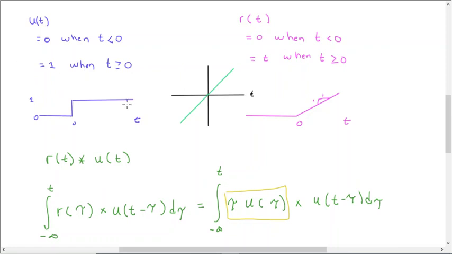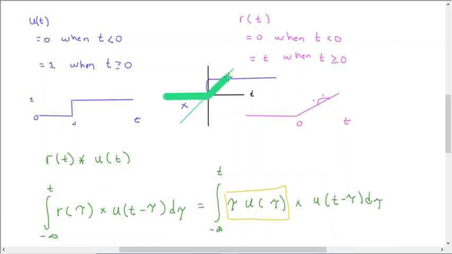Well, let's just draw our step function. All right, and we're going to multiply these two. This is just a straight multiplication of these two curves. So we multiply 0 times anything, it's going to be 0. Now, it's 1 times something. 1 times something is something.